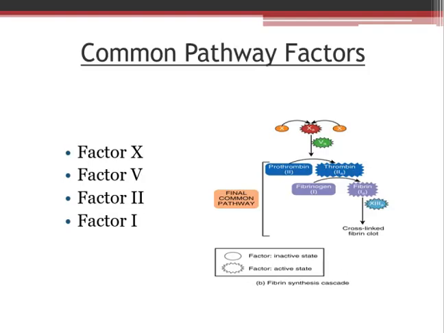Lastly, we have our common pathway factors, which includes our factor 10, 5, 2, and 1. And again, we saw both of these at the end of our extrinsic pathway and our intrinsic pathway. And our factor 2 represents our thrombin, and our factor 1 represents our fibrinogen converted to fibrin.